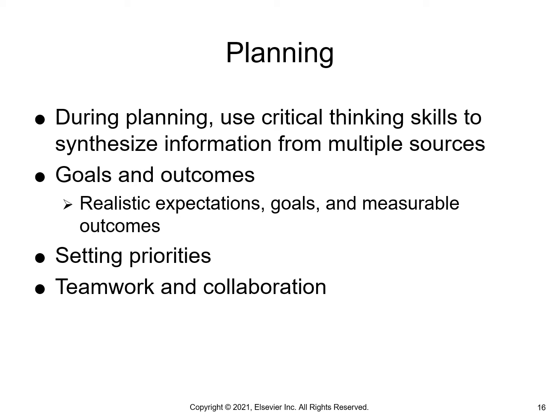Remember, when you develop a care plan for each of those nursing diagnoses, your patient has to be with you. The goals have to come from the patient. You need to set realistic expectations and relevant goals for that patient.